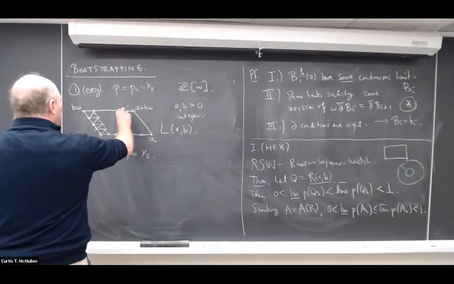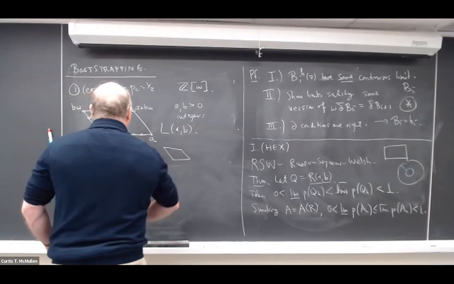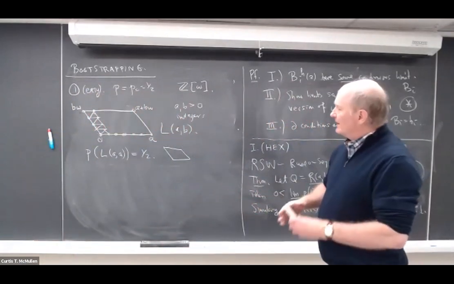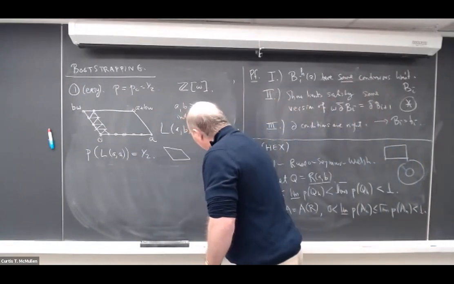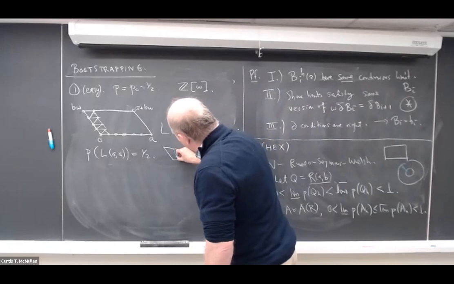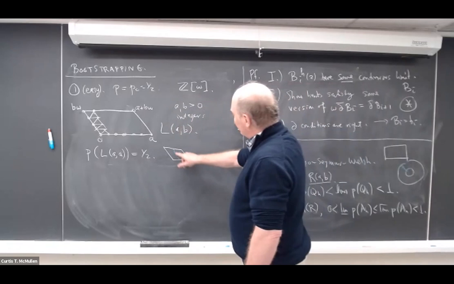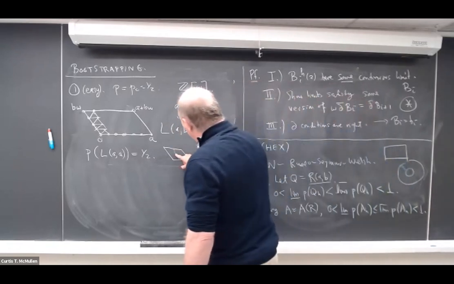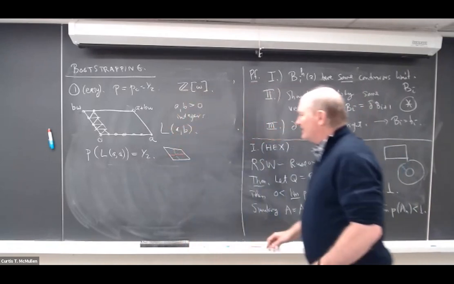So if I make this a perfect rhombus, then the crossing probability is 1/2. And the proof of that is easy, because the probability of a crossing in the sites that are colored going this way is exactly the same as the probability of the sites that are not chosen having a crossing going this way.